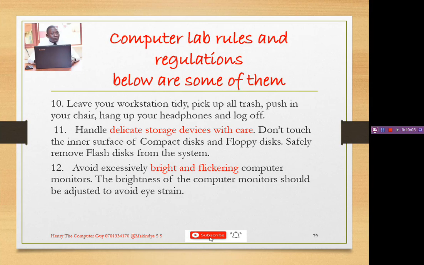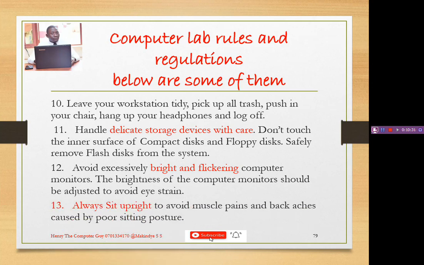Avoid excessively bright and flickering computer monitors. The brightness of the computer monitors should be adjusted to avoid eye strain. Flickering, flashing monitors strain our eyes, hence leading to eye defects. So avoid using them in the computer lab.